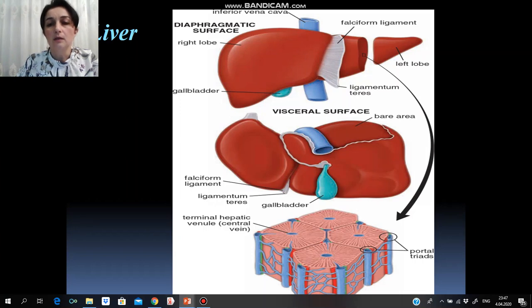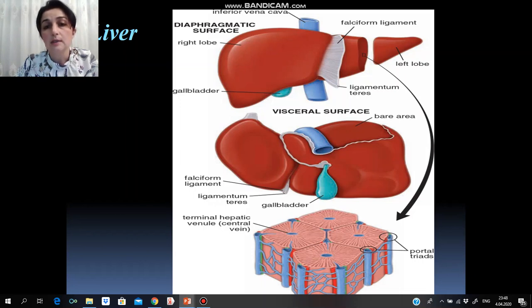Then, at the inner surface, we have the hilum, that is an indentation of that part of the organ. The liver weighs 1.5 kilograms. The liver is the laboratory of the body. It performs more than 100 functions.